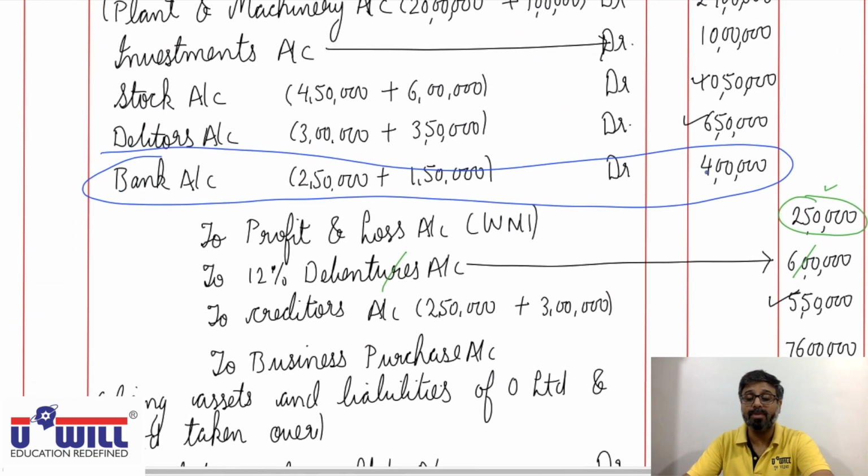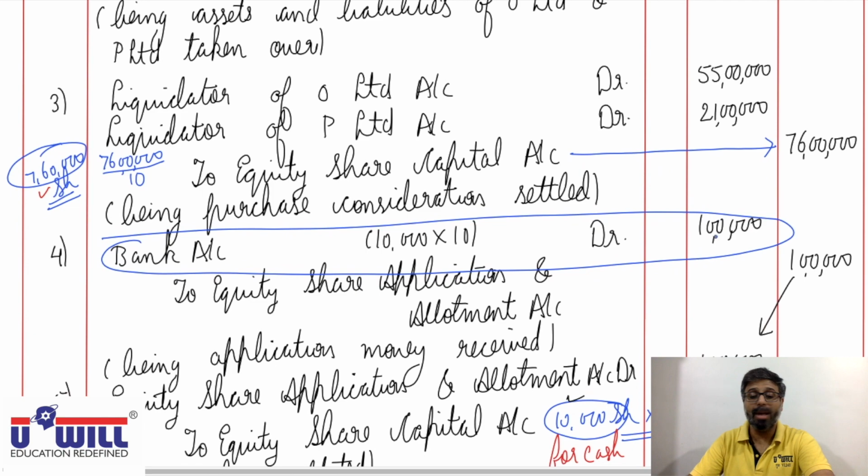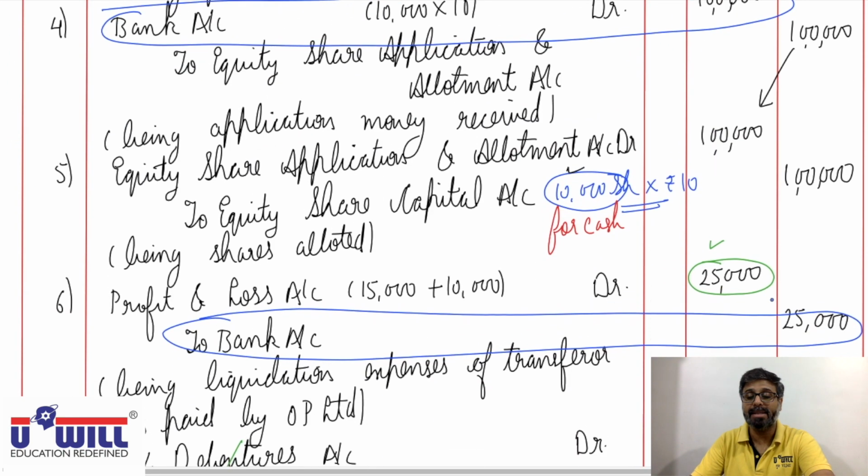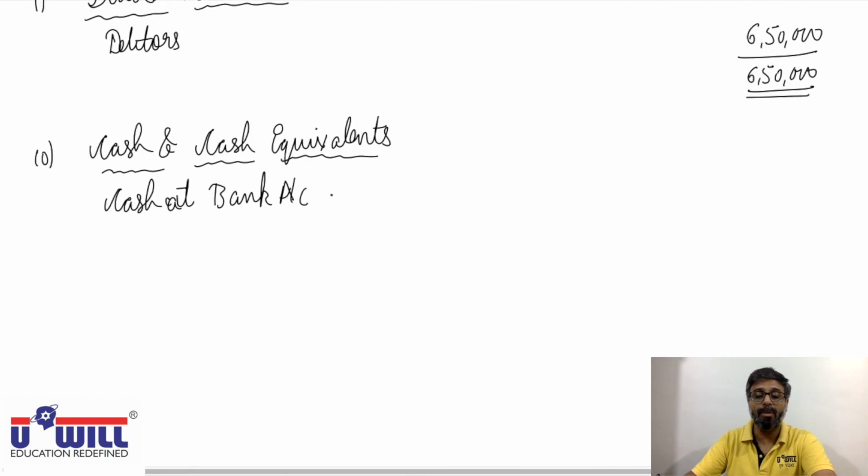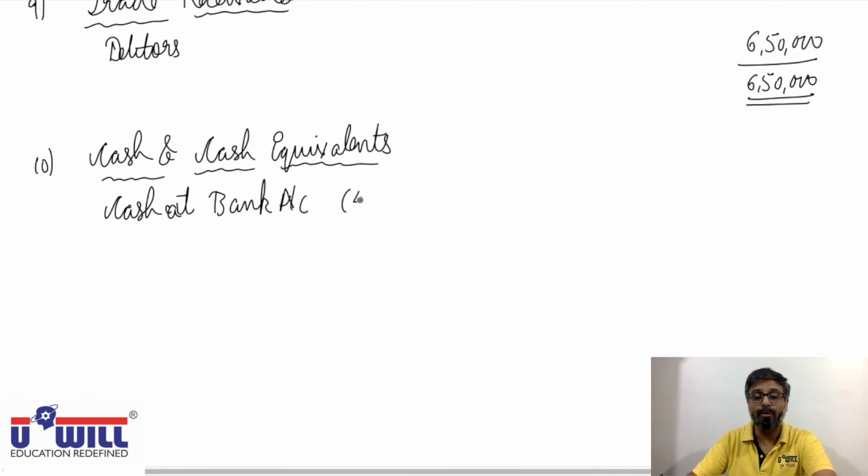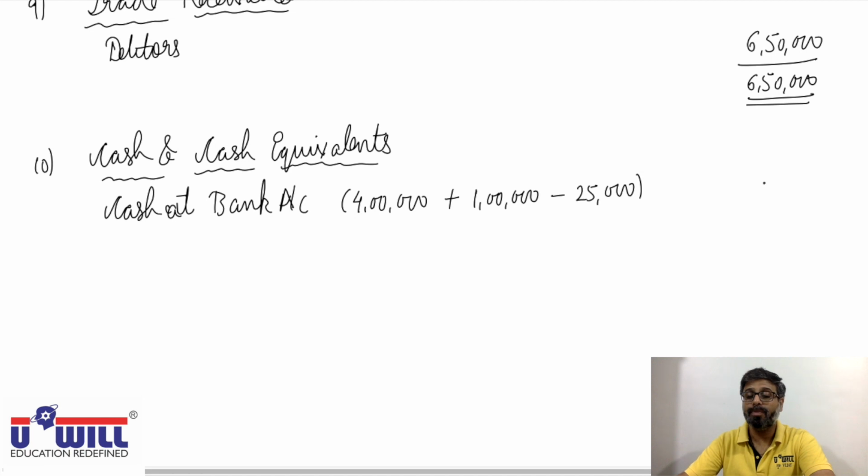So 4 lakhs from second entry plus 1 lakh from fourth entry minus 25,000 from sixth entry. So how much cash in bank account? 4 plus 1, 5 minus 25,000, 4,75,000 of bank balance.